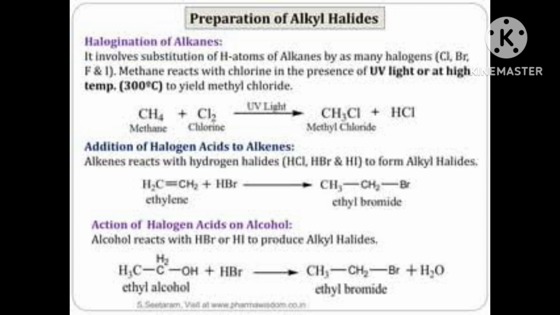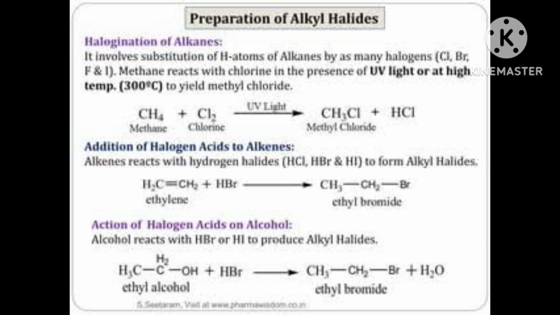Their molecular mass is the same, and both are isomers. Where chlorine is attached to the first carbon, that carbon is attached to only one carbon, so it is a primary chloride.